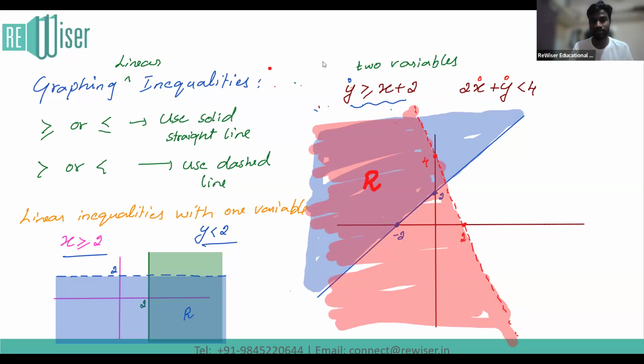And the next concept that we are going to look into is sequences. Sequences means it would form a particular pattern. Under sequences, we are mainly going to look into a linear sequence, or we call it an arithmetic sequence.